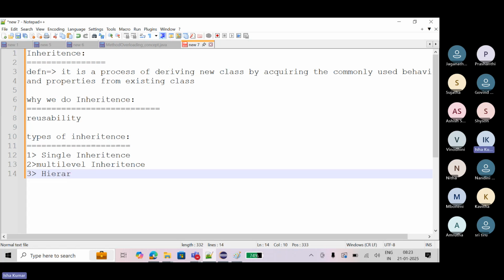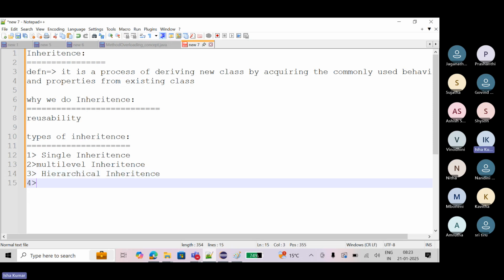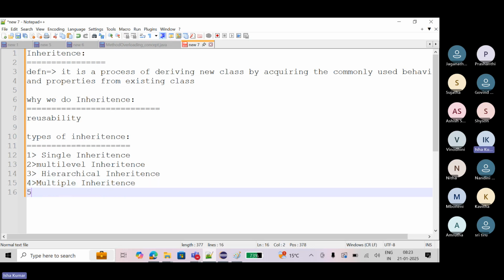Some people pronounce it differently. Then the fourth one, multiple inheritance, very, very important, an interview question is there. Fifth one, hybrid inheritance.